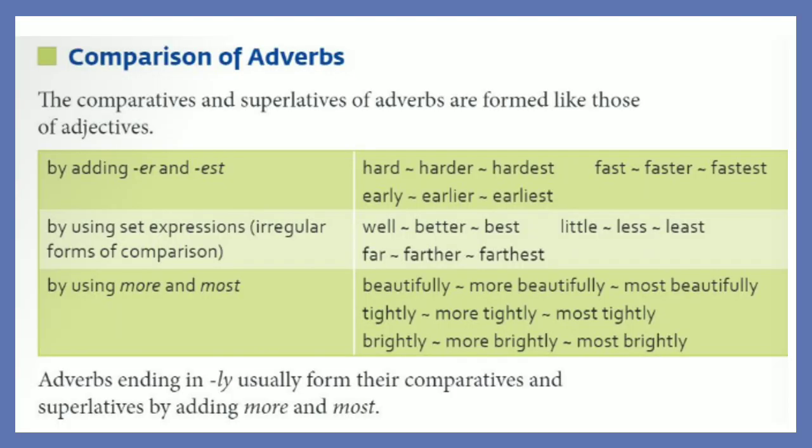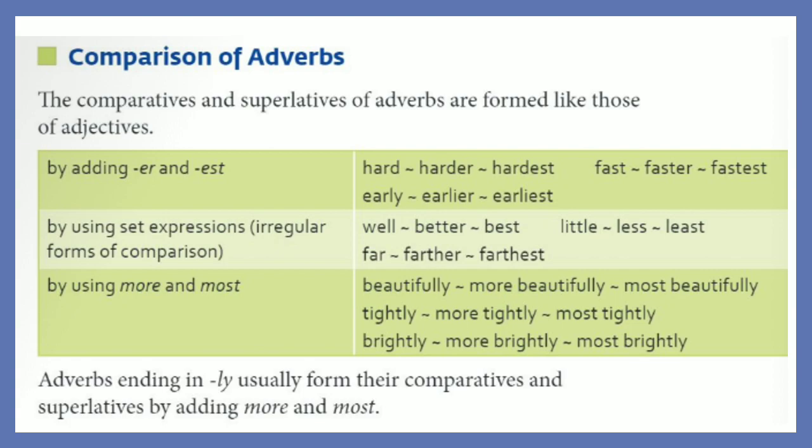So, comparison of adverbs. The comparative and superlative of adverbs are formed like those of adjectives. Children, open page number 110 of your textbook. By adding er and est, we make the comparative and superlative degree. For example, hard, harder, hardest; early, earlier, earliest; fast, faster, fastest.